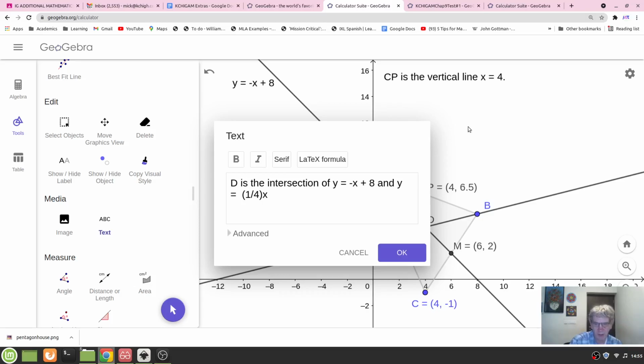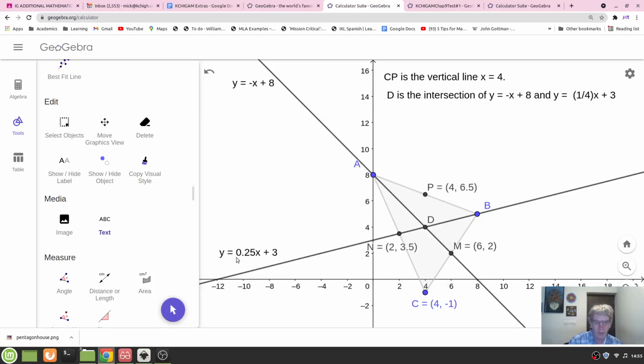Let's just try 1/4 x plus 4. Well, I know it's going to be 1/4 x plus 3, right? Yeah, 1/4 x plus 3. So D is the intersection of y equals minus x plus 8 and y equals 1/4 x plus 3.